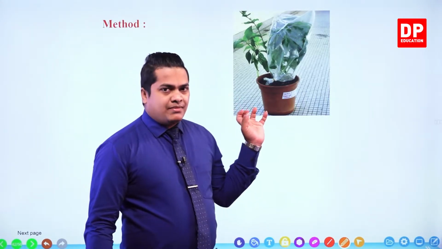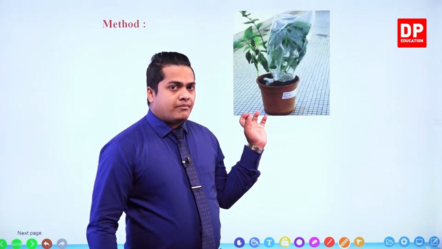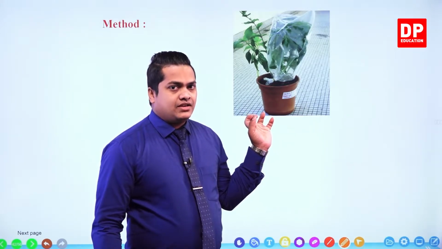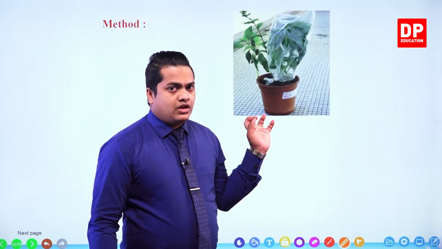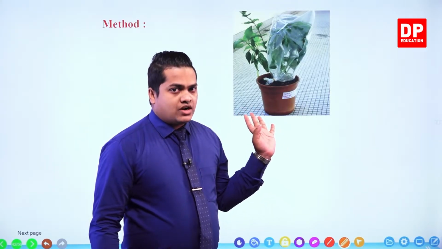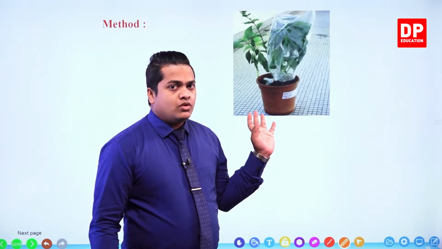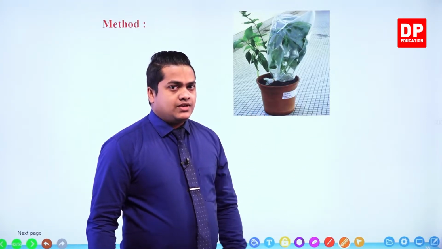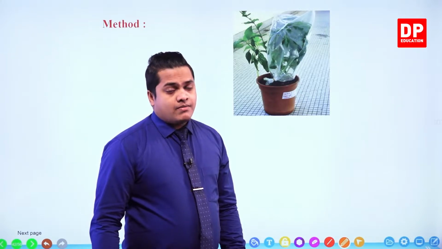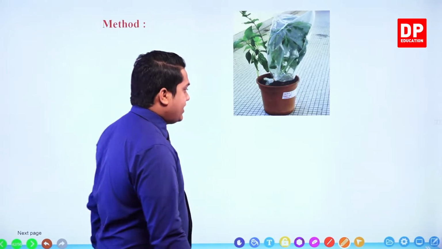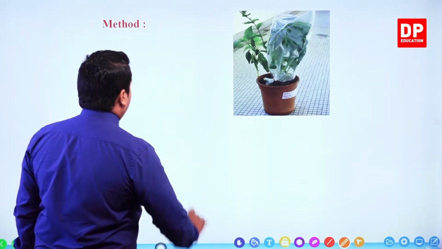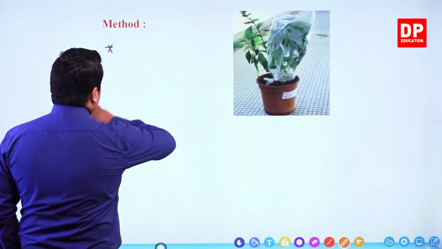A branch of the plant can be taken and we can cover it quite well using the polythene bag. Make sure when you are covering it to tie a good knot by using the rubber bands. So we'll write down the method for conducting the experiment.